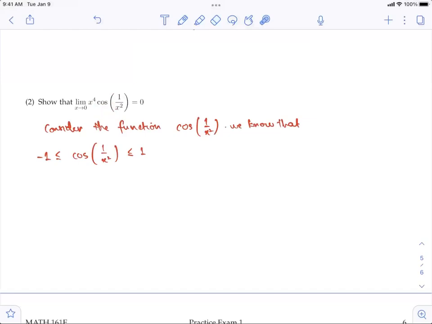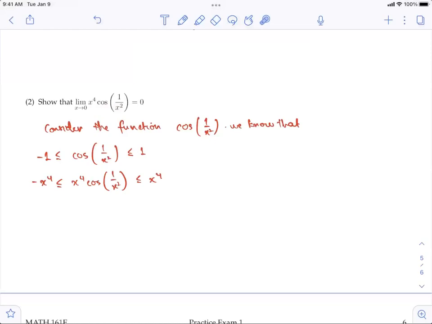Now, x to the 4th power is a non-negative function, so when you multiply all the terms in this inequality, the sign of the inequality will not change. So I'm going to multiply x to the 4 for all the terms in the inequality. I have negative x to the 4 less than or equal to x to the 4 times cosine of 1 over x squared, less than or equal to x to the 4th.